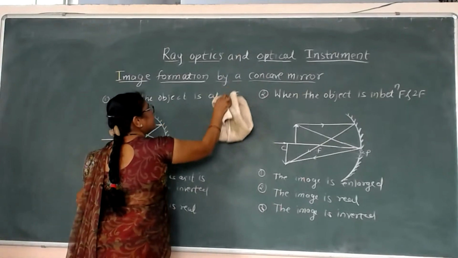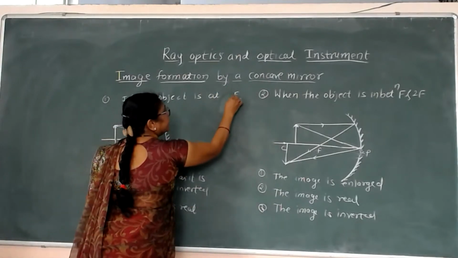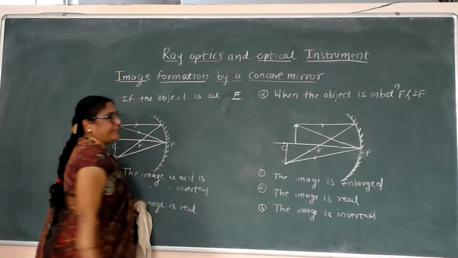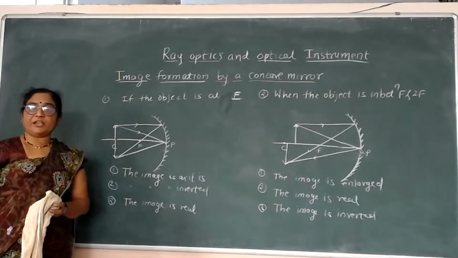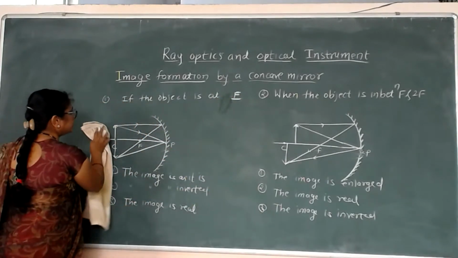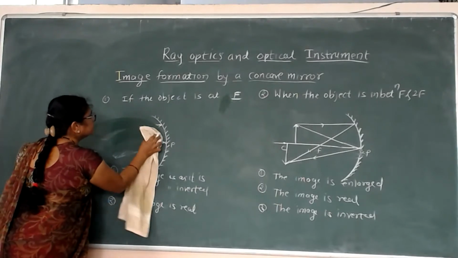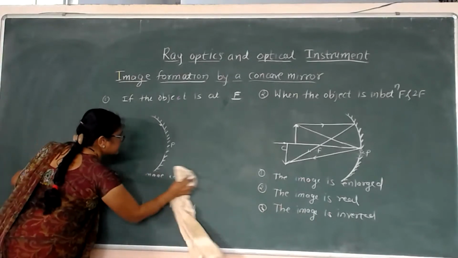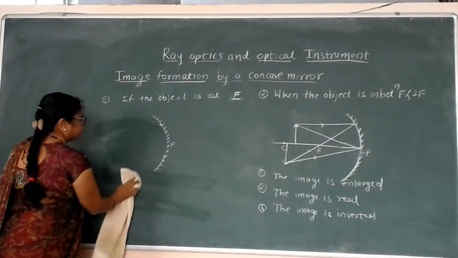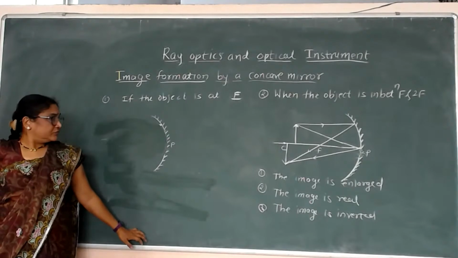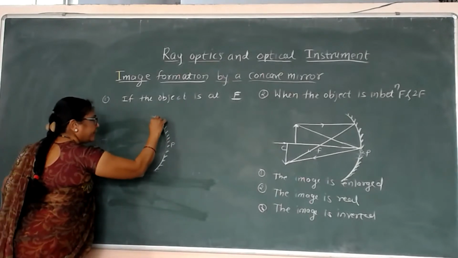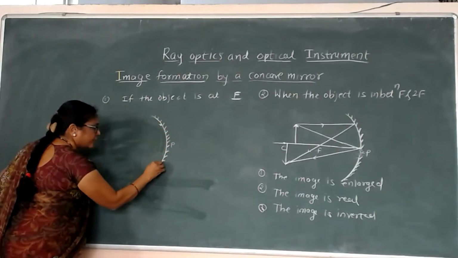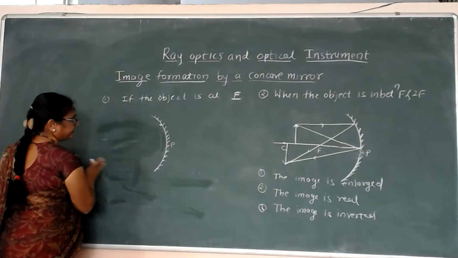When the object is situated on f, means when the object is situated on the principal focus, then what size of the image is formed? Take the concave mirror. The polished surface is outside.